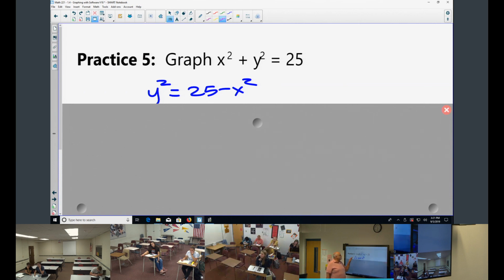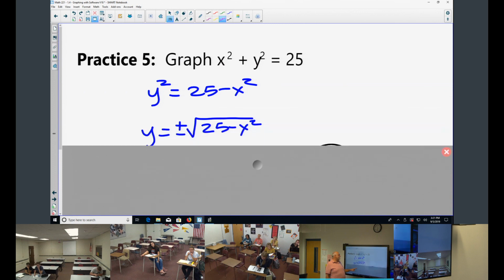If you take the square root, you don't take the square root of each of these separately. You have to take the square root together, and you have to put plus or minus. Like if you have x squared equals 25 and you solve for x, you have to put plus or minus 5. So you have to put a plus or minus when you're taking the square root.